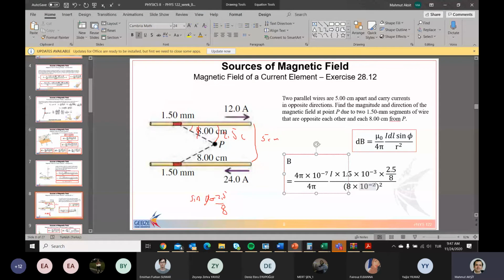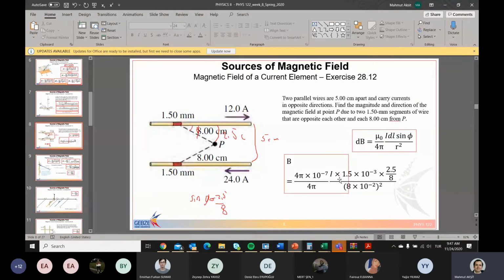So the current is 12 amps for the upper one. Let me check if I can do this quickly. I think I can do this quickly. Let me try to simplify it first.